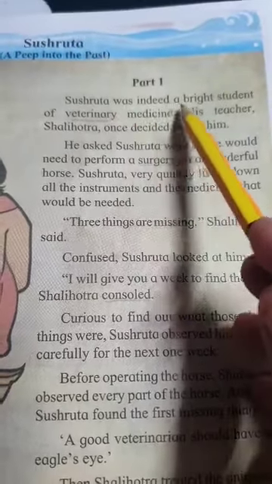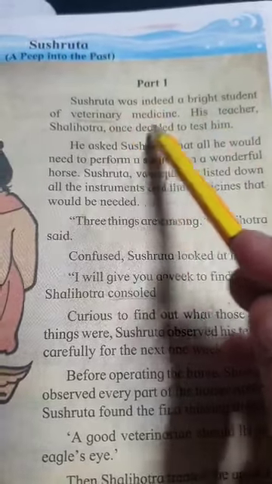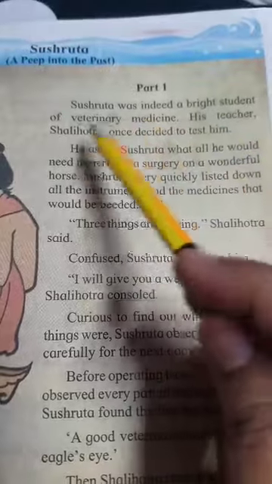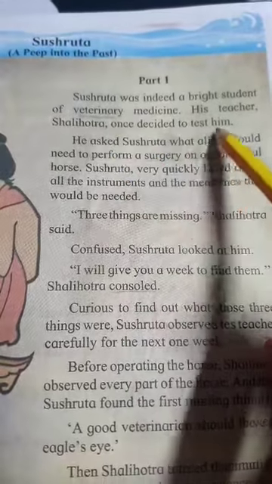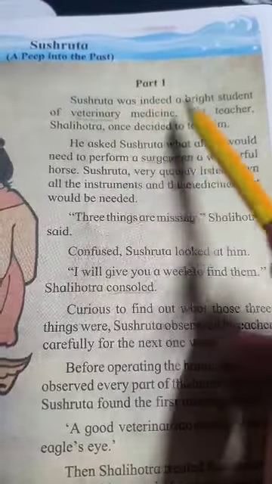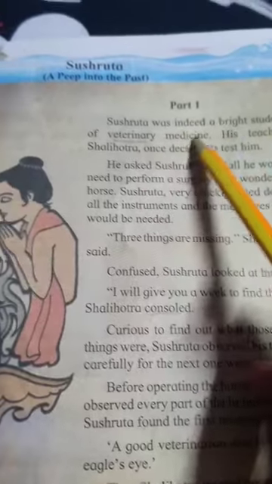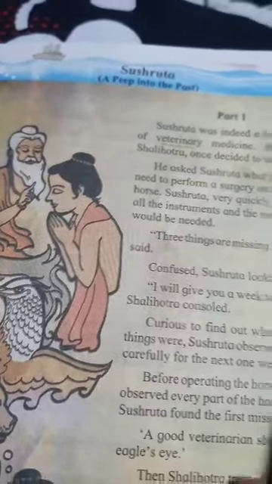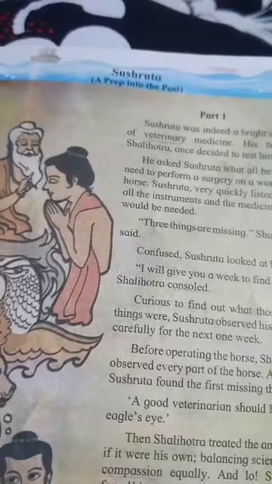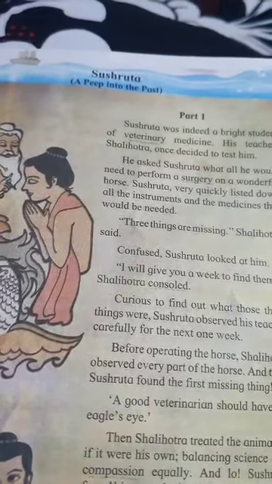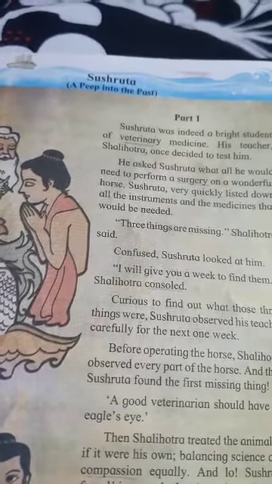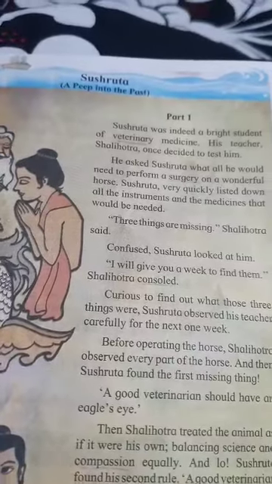Sushruta was indeed a bright student of veterinary medicine. His teacher Shalihotra once decided to test him. What do you mean by veterinary? Veterinary means relating to the medical or surgical treatment of animals, especially domestic and farm animals.